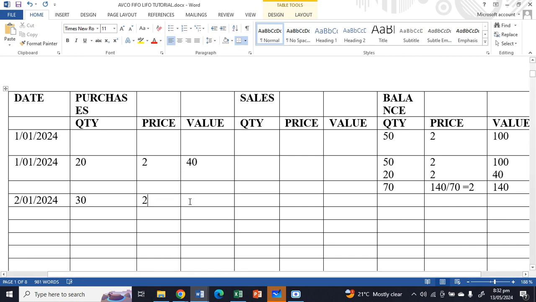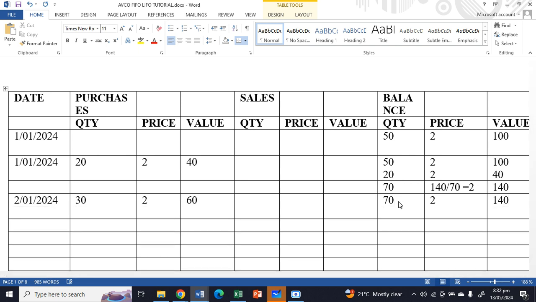Total value 60. Then come to our balance section. We have already got 70 units which are valued at 2 kwacha each. Their total value is 140 kwacha. We've brought in now 30 more units, each valued at 2 kwacha. The total value is 60.